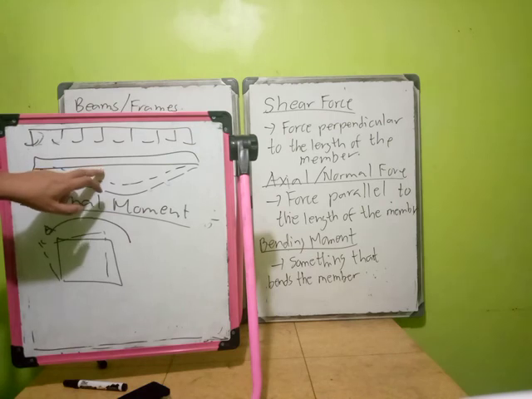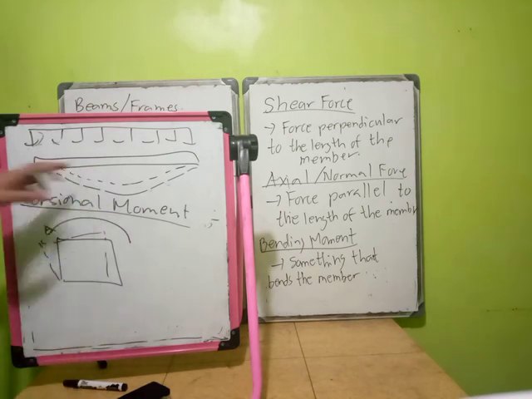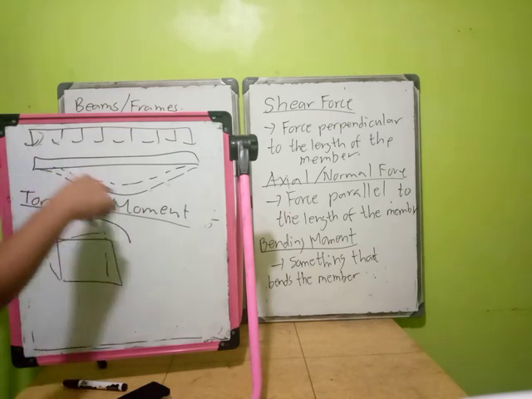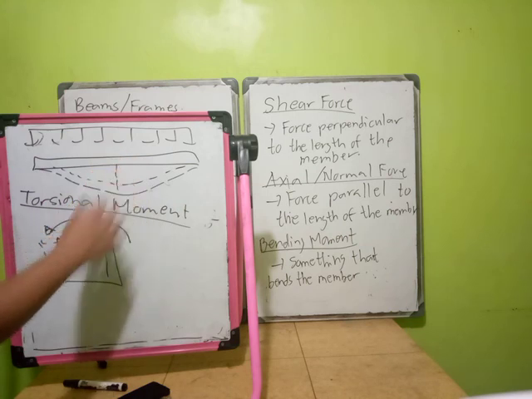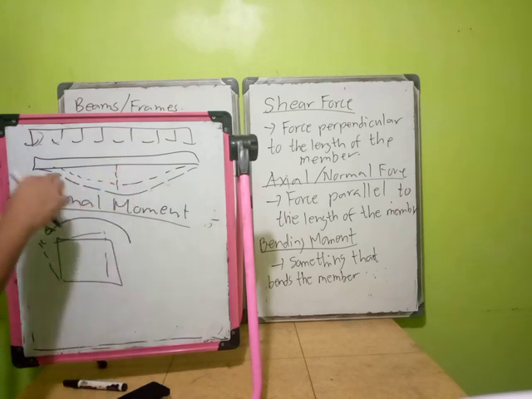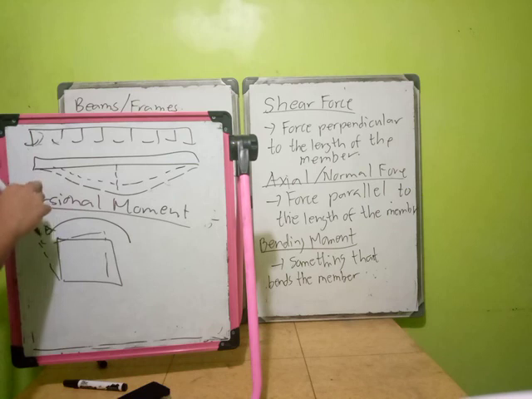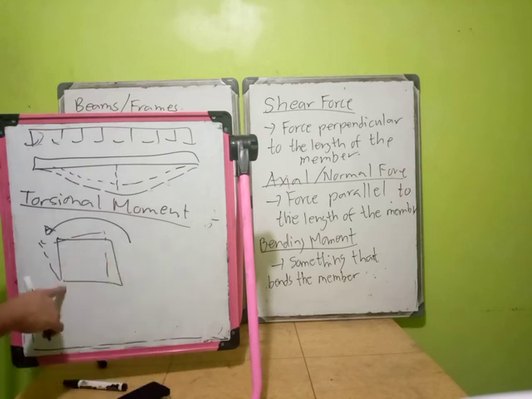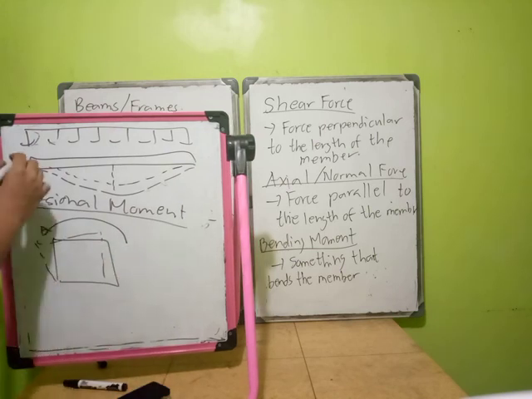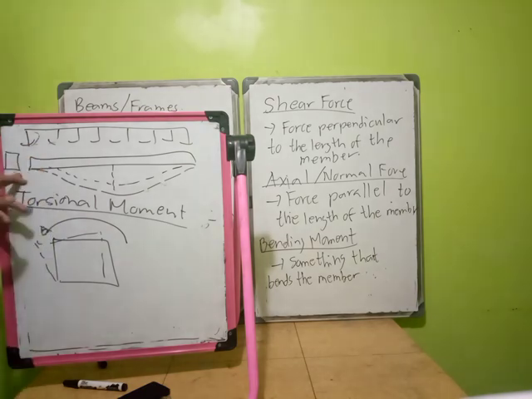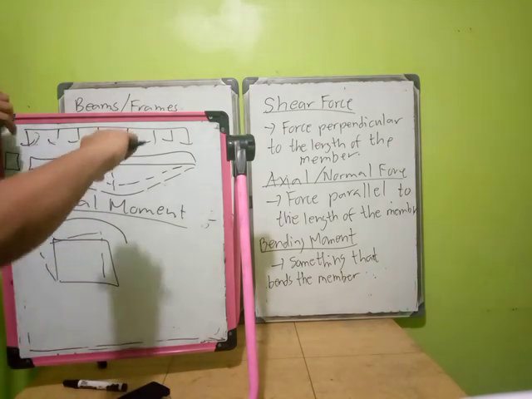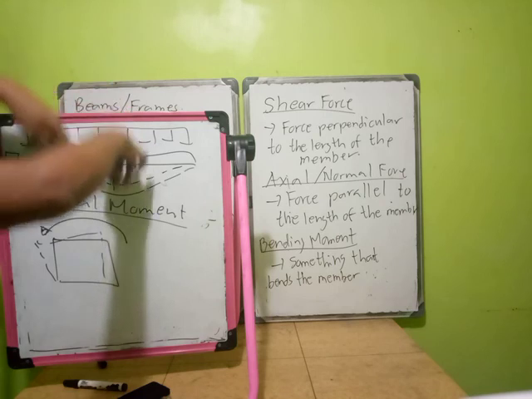Ito, parallel to the length. Ito, ay perpendicular to the length. Yung deflection niya. Ito, pero parallel to the cross-sectional area. Ay perpendicular to the cross-sectional area. Ito, parallel to the cross-sectional area. Kumbaga, itong beam na to, may cross-sectional area siya. Let us say, rectangle. Ito yung length, ito yung deflection niya.